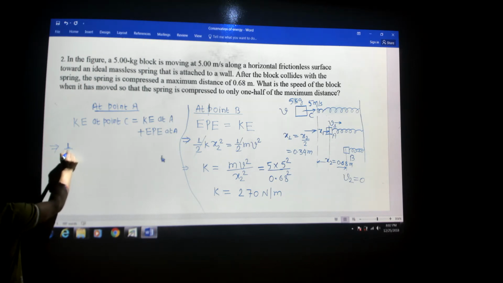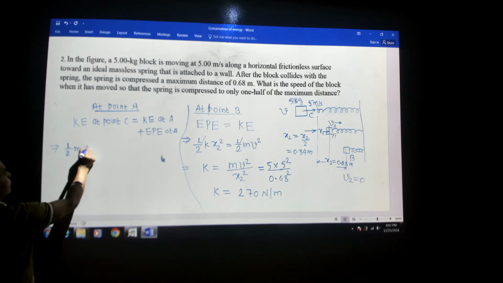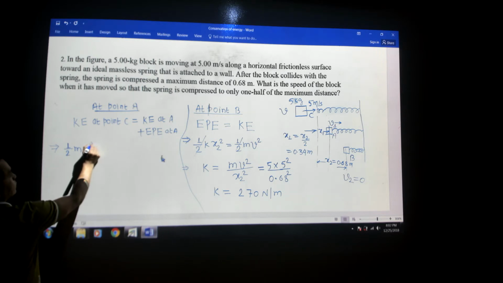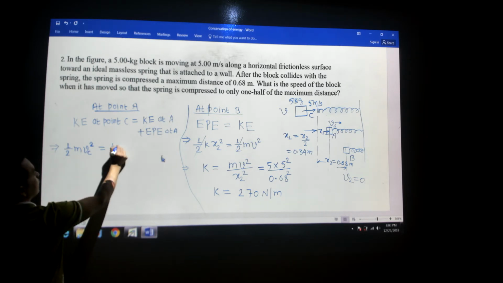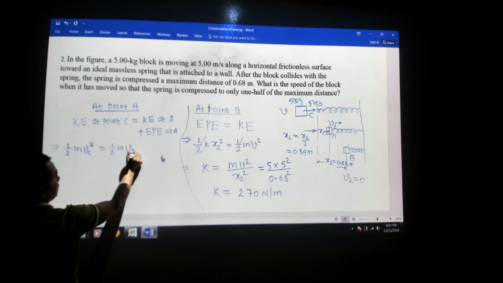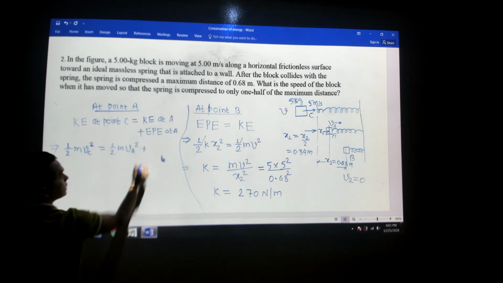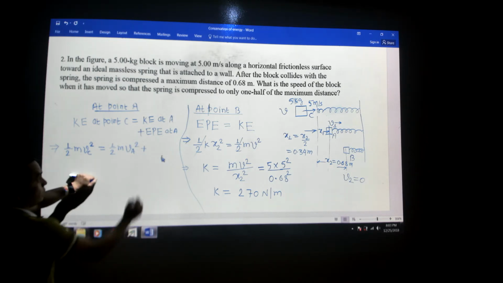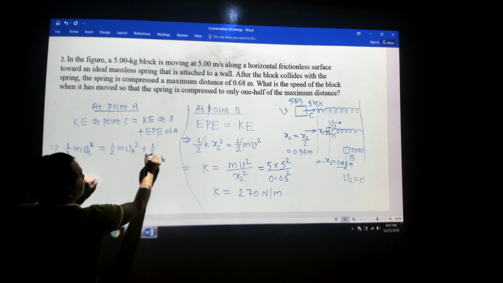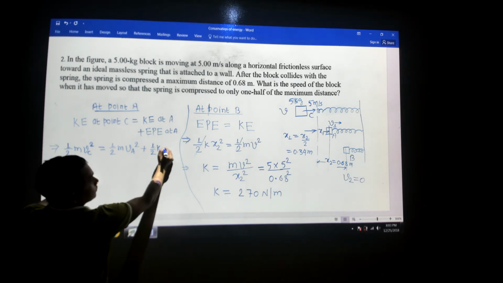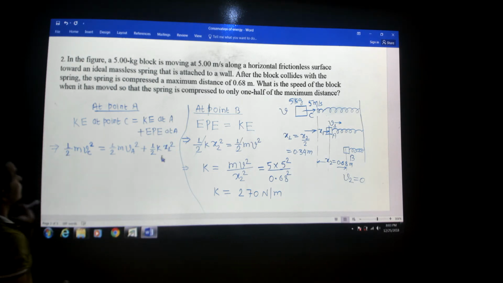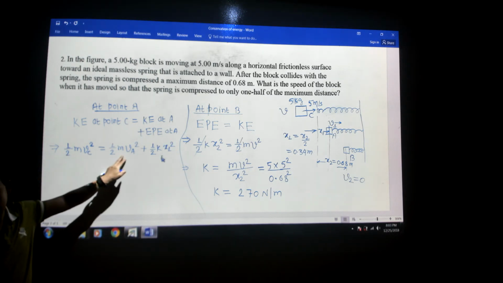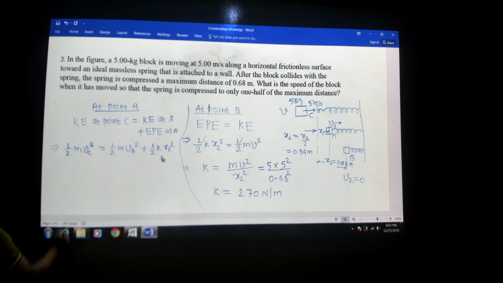So what is the kinetic energy at point C? Half m vc square, and the kinetic energy at point A is half m va square plus the elastic potential energy, which is half k x1 square. We need to find out the velocity here.